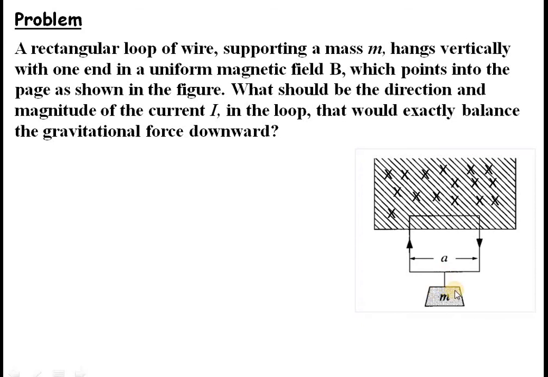The loop is suspended with a small mass, and it is inserted in a magnetic field from the bottom. So obviously this wire piece will experience a force. You know it will be vertically upward, and there is a mass downward. So you have to find the magnitude of the current and its direction. In which direction should the current be passed? Whether it is the positive y direction or the negative y direction.